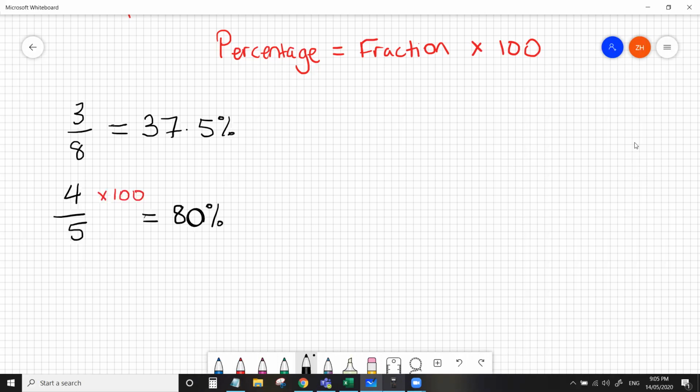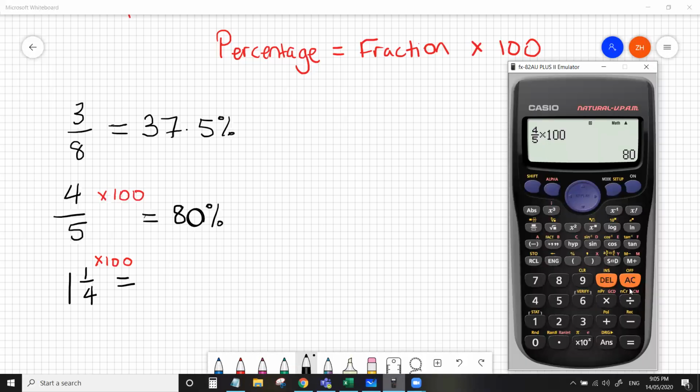And one final question using the calculator. This one's a mixed numeral. So it's got a whole number part. So when I times it by 100, because the fraction is bigger than one whole, it's going to be bigger than 100% because 100% would be one whole, and we've got more than one whole.